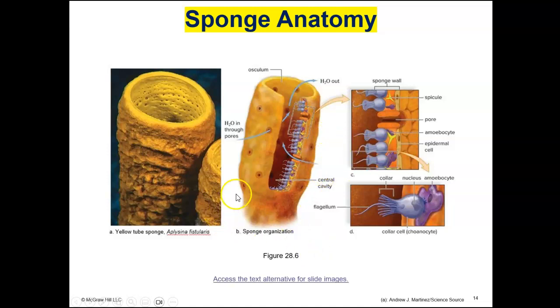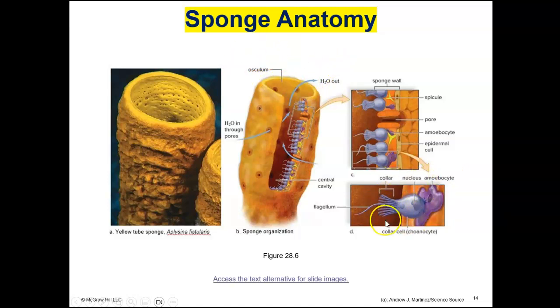And here you can see the sponge. The way that they filter feed is that water moves into the sponge through its pores, and then it passes by the flagella on these cells called collar cells. Those flagella help sweep the particles of food into the cells of the sponge. Then the water will flow out this opening called the osculum. You can see the cell types.